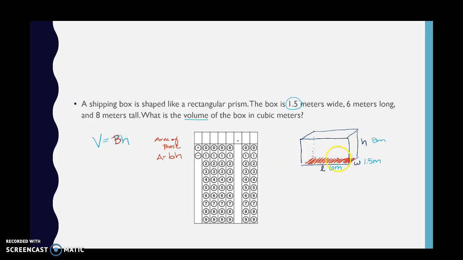Now, remember, I'm just looking at the part I shaded in. So the base is going to be 6 times what? I'm hoping you said 1.5 and not 8, because 8 is nowhere near what we shaded in. So go ahead and do your math.